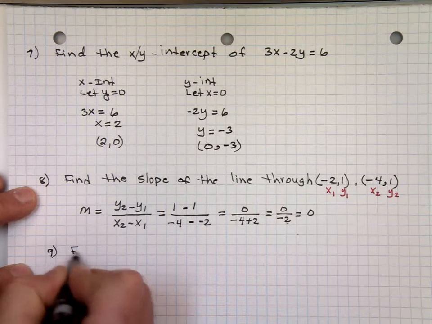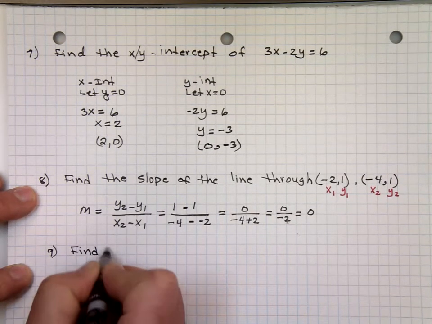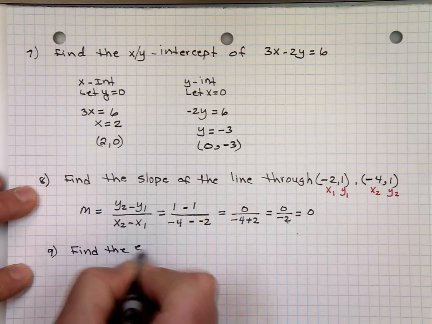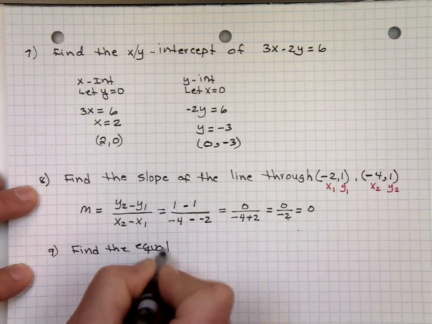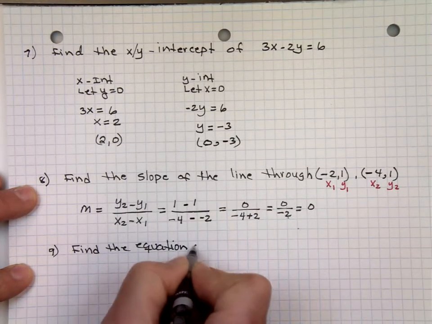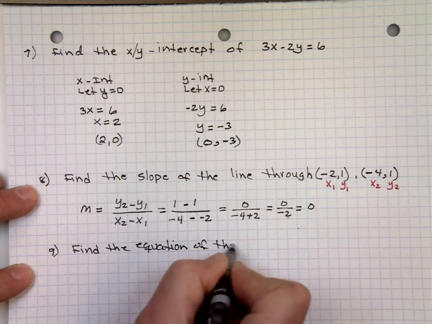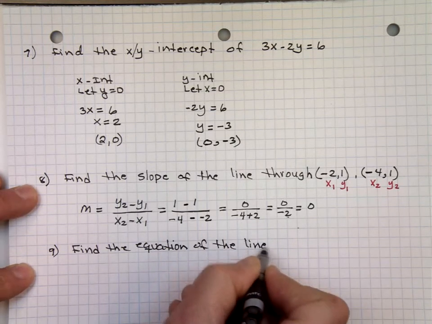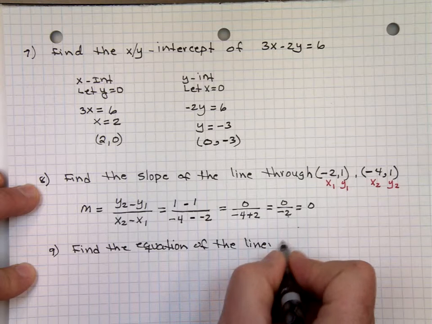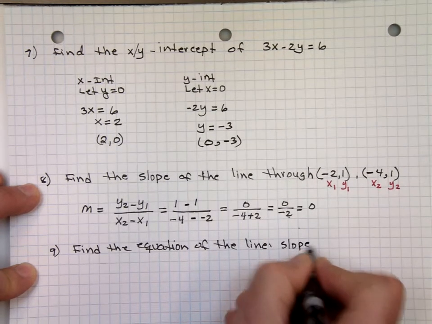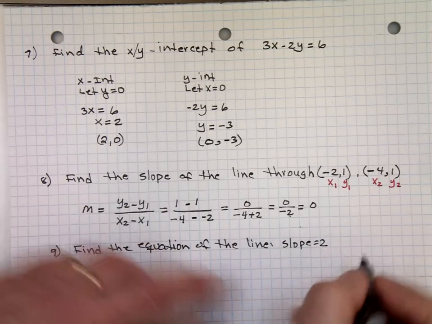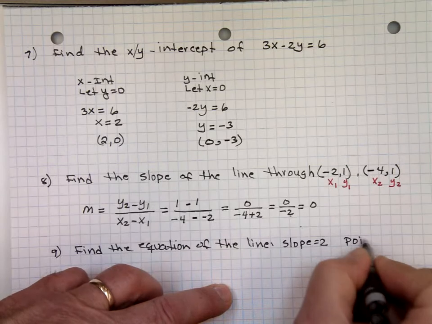Find the equation of the line. And we know the slope for that. Slope equals 2. We're giving you a slope and a point.